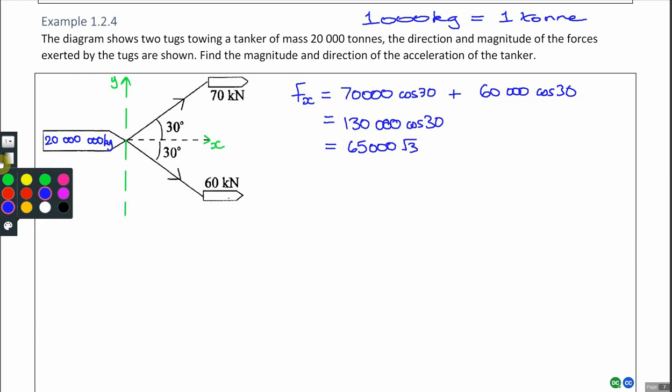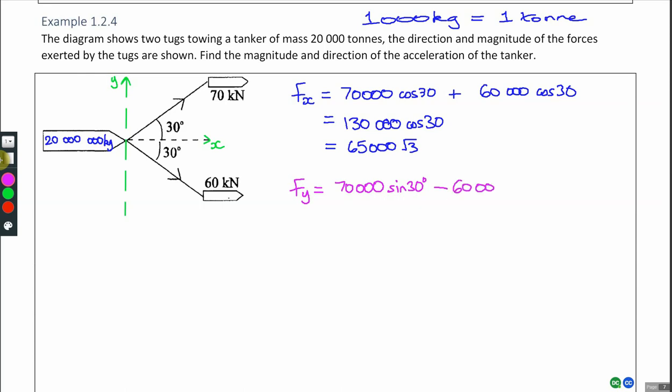Let's now find the strength of the resultant force in the y direction. We're going to have 70,000 sine 30, or if you wrote cos 60 instead of sine 30, that's absolutely fine. And then it'll be take away 60,000 again sine 30 or cos 60.